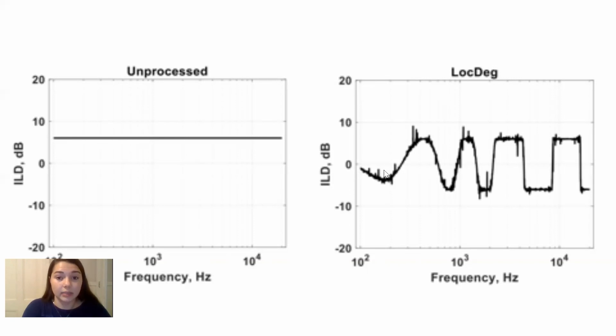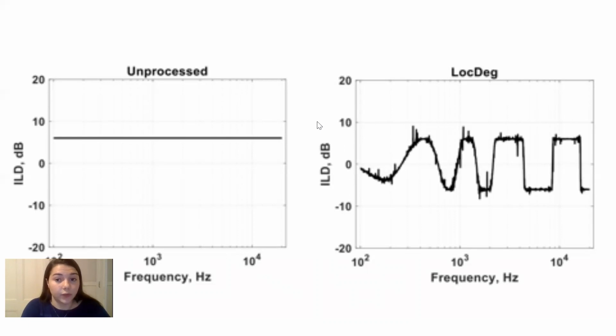So the sound is split up into 8 different frequency bands, and the ILD is swapped between the left and the right ears in every other frequency band. So we have +6 here, and then it goes to -6 and back up to +6. So what that does is it disrupts the overall image of the sound, but it preserves the magnitude of the interaural level difference across all of its frequencies.